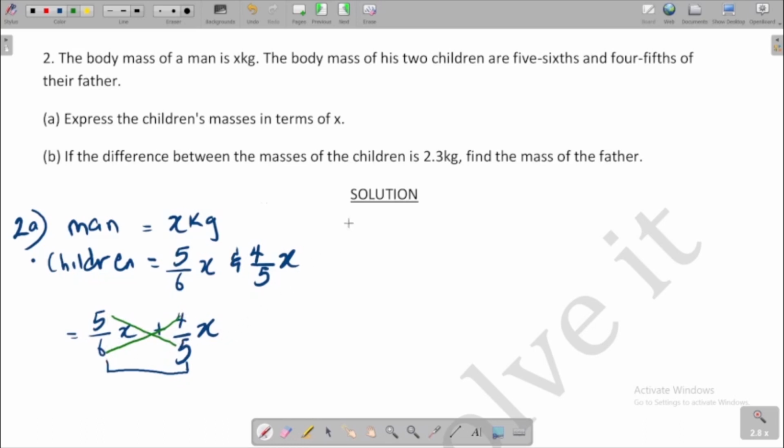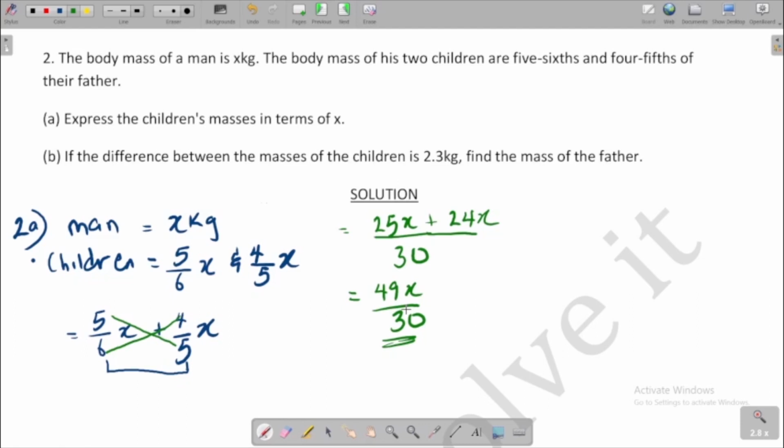So you have 6 times 5 will give us 30, 5 times 5 will give us 25x, and 6 times 4 will give us 24x. 25x plus 24x will give us 49x over 30. That is the expression in terms of x.